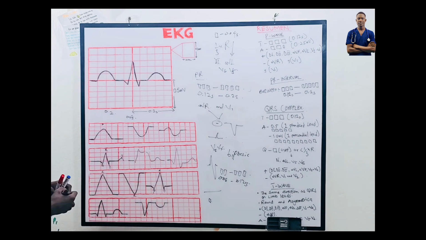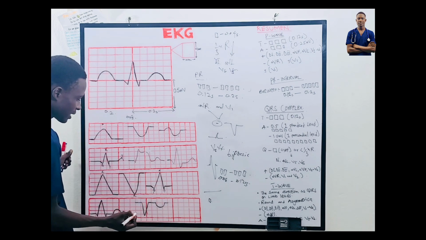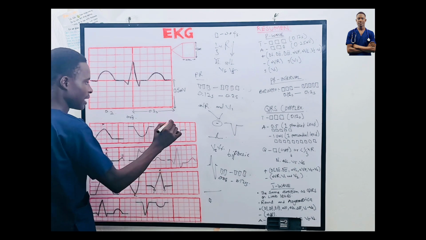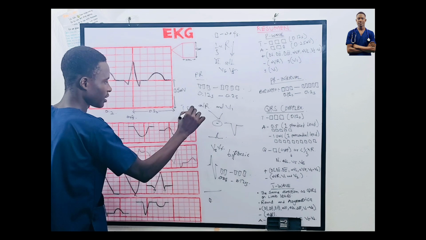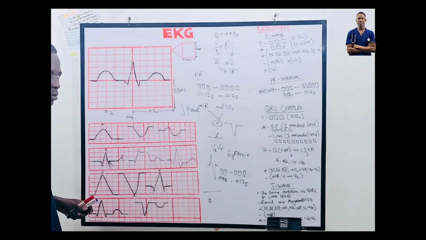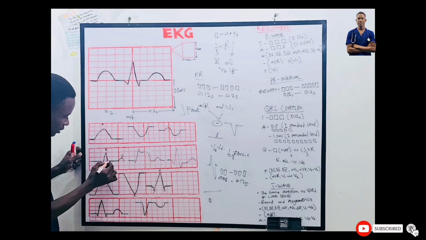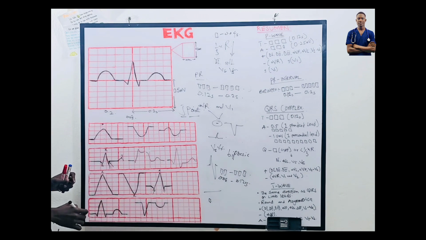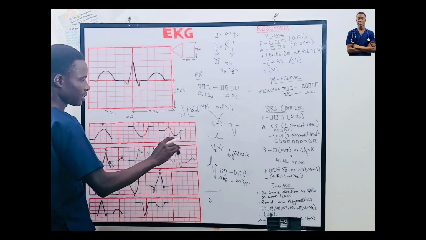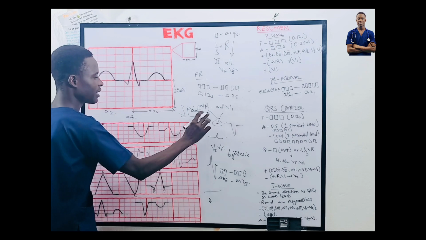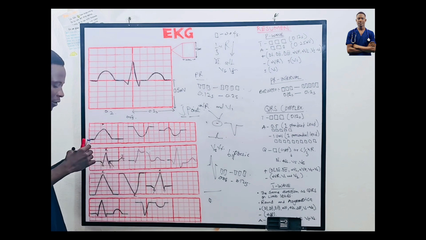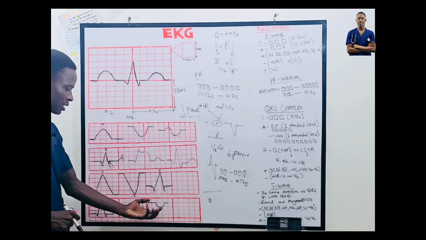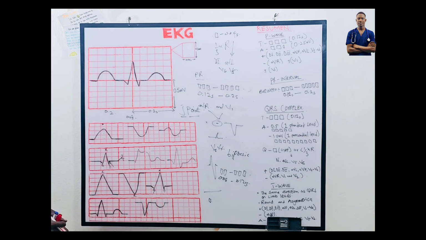And then the ST starts from this point, which is called the J joint or J point or J junction. This point, the point of the X, is called the J point or the J junction, and then it ends at the beginning of the T wave. Are you clear with it? Now let's continue with that. Let's come to the T wave.